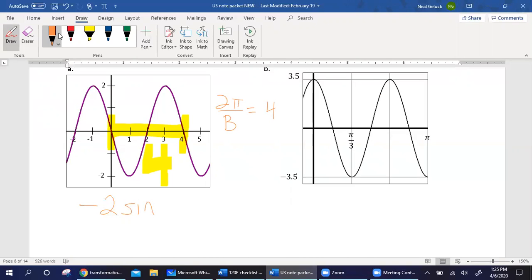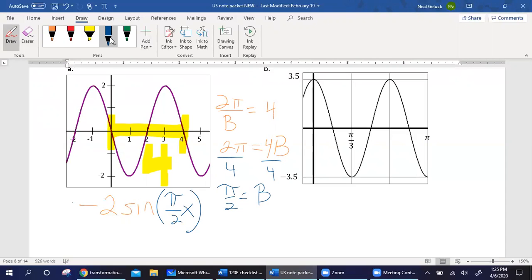So if I multiply b over, I have 2 pi equals 4b, divide by 4, b equals pi over 2. That's the number that gets multiplied to x. So there's my function.